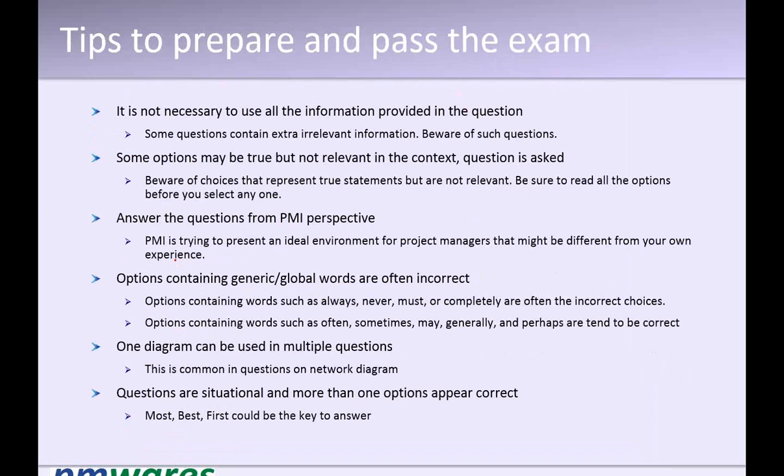Some options are universally true, but they may not be the answer to the question. They look right because they are universally true, but the question may not be asking for that answer. So beware of such things.